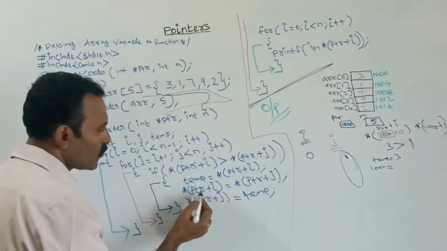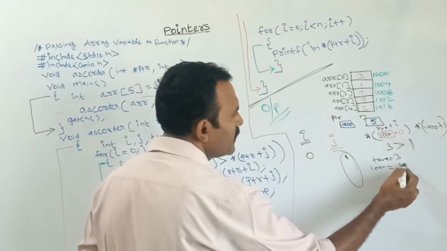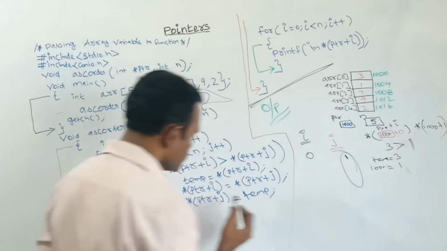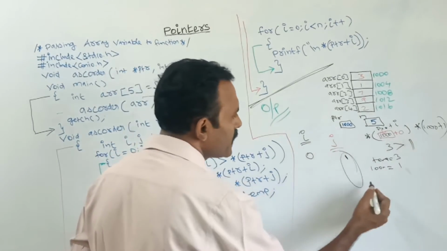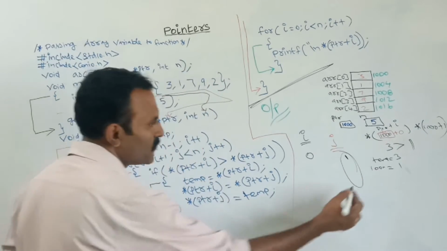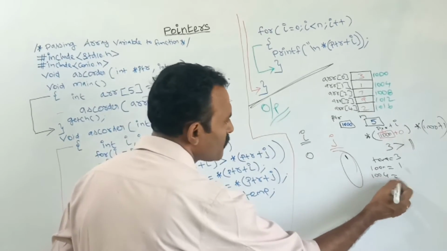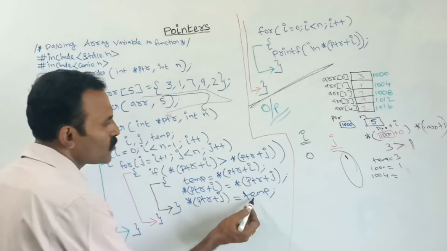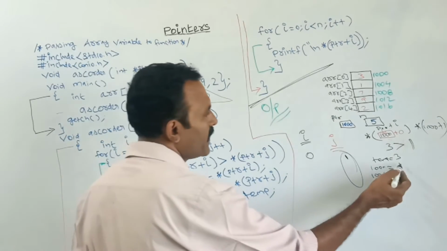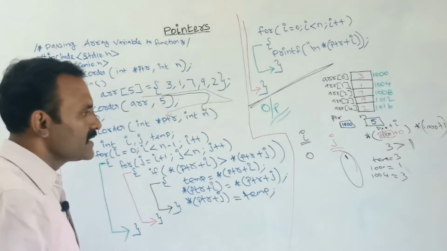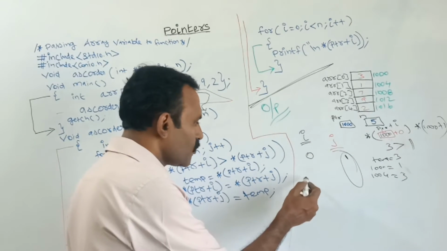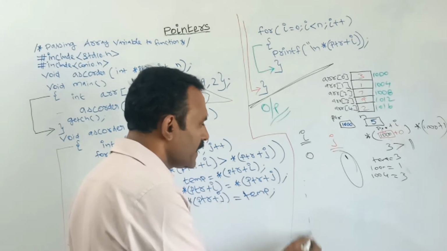So that 1 is stored where? At the 1000 location. Next, star ptr plus j is 1004. In the 1004th location I am storing the temp value. What is the temp value? The temp value is 3. So the numbers were swapped. Ascending order means it prints from the lowest number to the highest number.